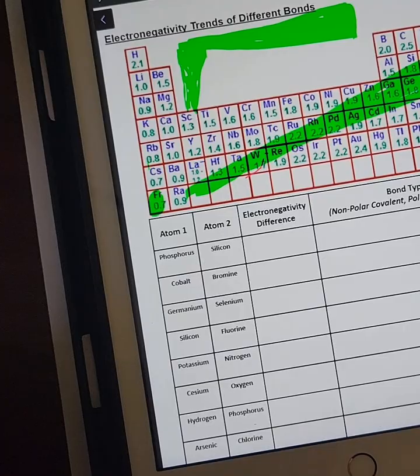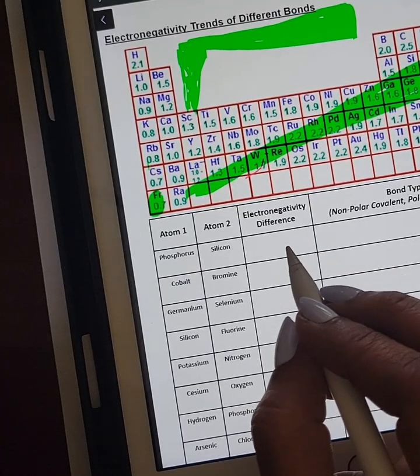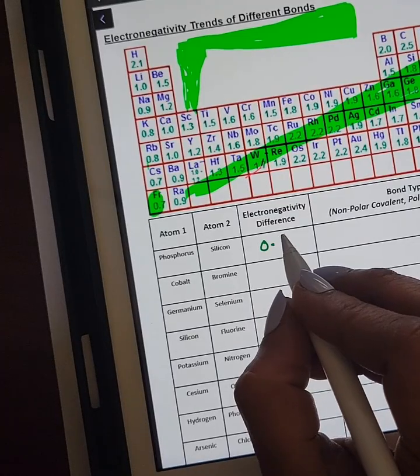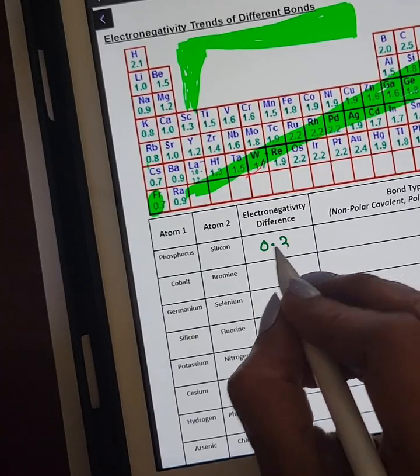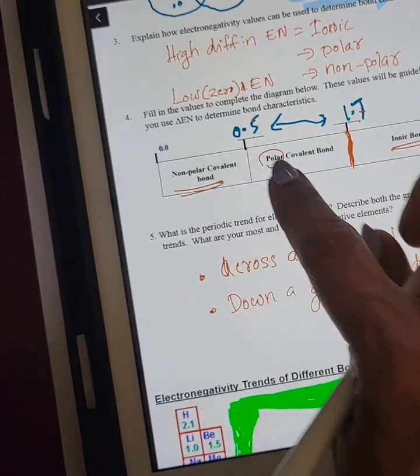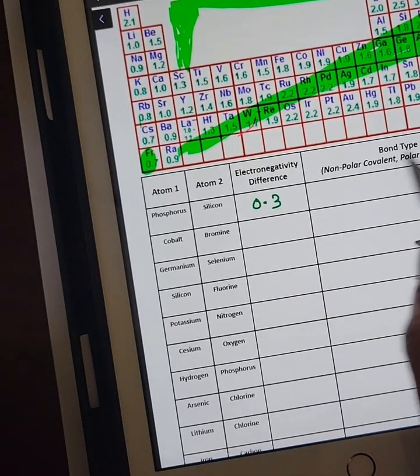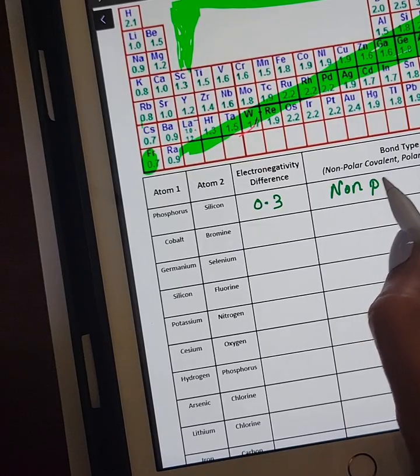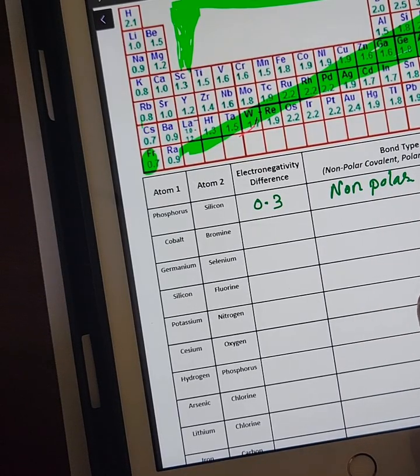What is the difference? You just take the biggest value minus the lowest value, which is almost 0.3. We know that if it is less than 0.5, it is non-polar. You can write NP. Non-polar covalent, all of that is covalent.